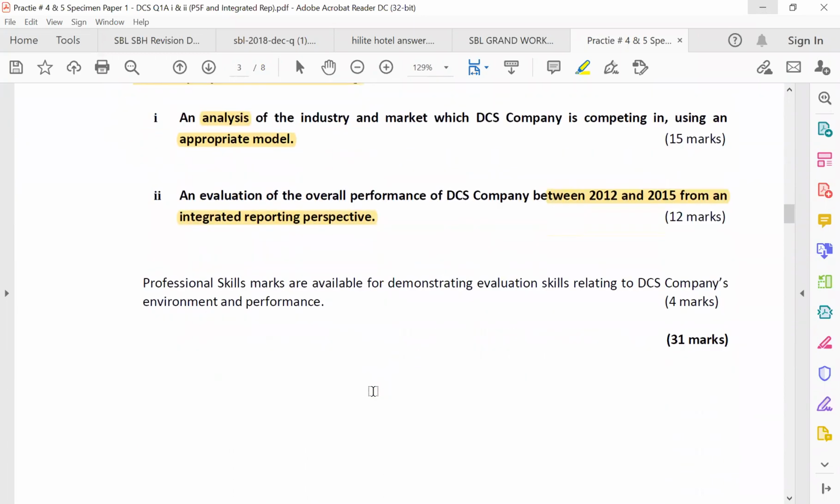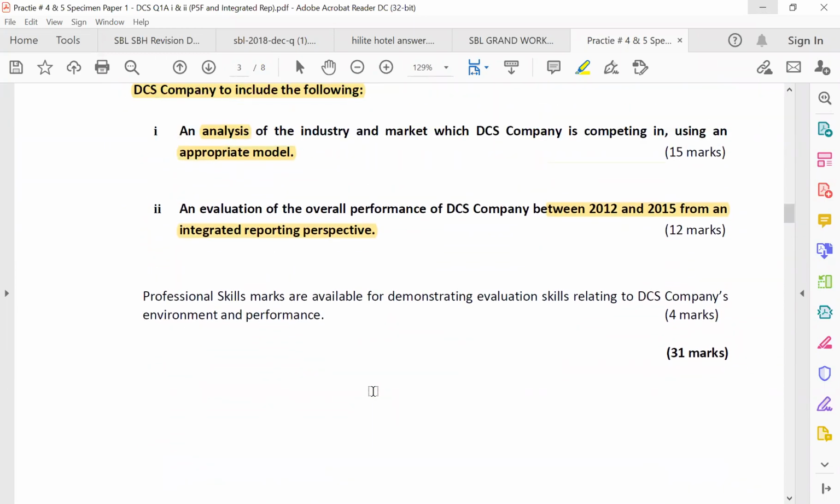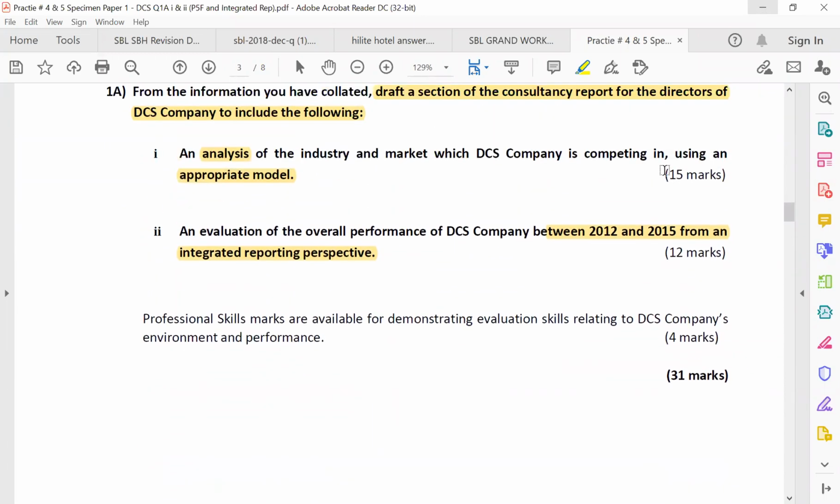So this is 12 and 15 and 4 marks, which makes around 31 marks. Remember, this is a cheat code that I'm telling you now.